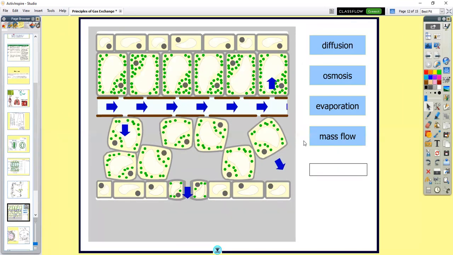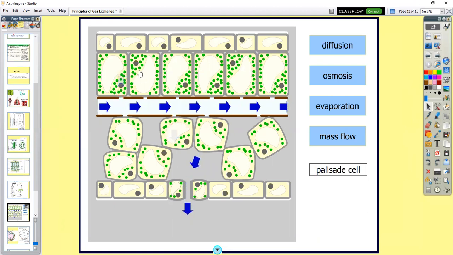Here you can see it as well, where you have the mass flow of water in red coming up from the roots through the xylem in the stem and into the leaf. You get then osmosis of water from a high water potential to a lower water potential, moving into cells.